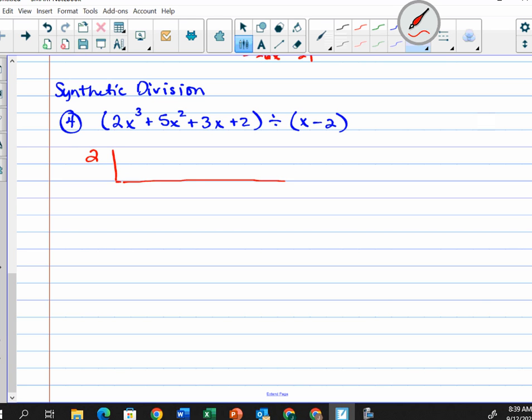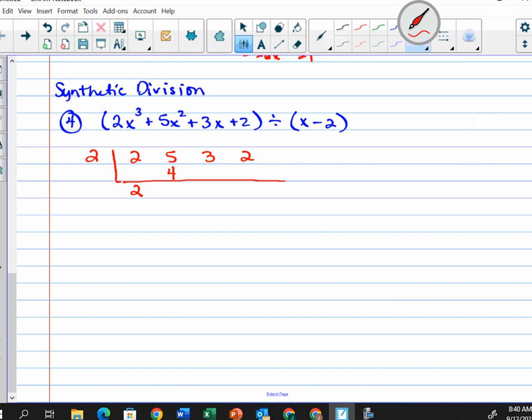I don't write 2x cubed, I just write 2, 5, 3, 2. You bring down the first number, so I bring down the 2. I multiply it by the 2 on the outside. So 2 times 2 is 4.